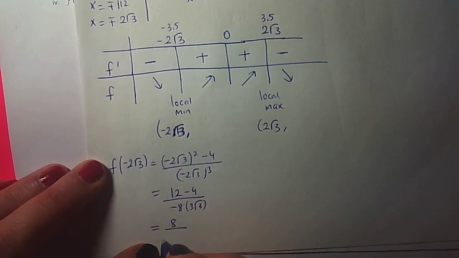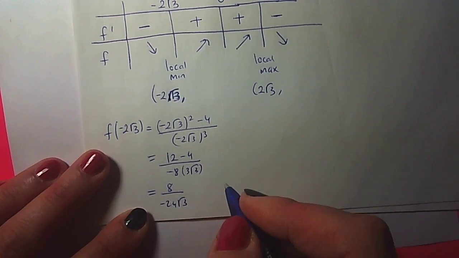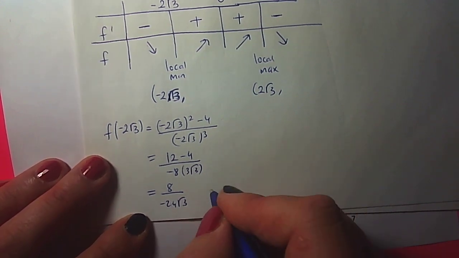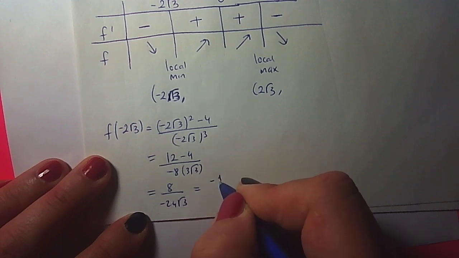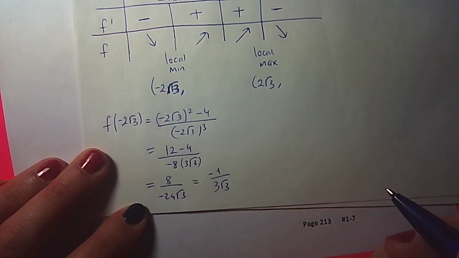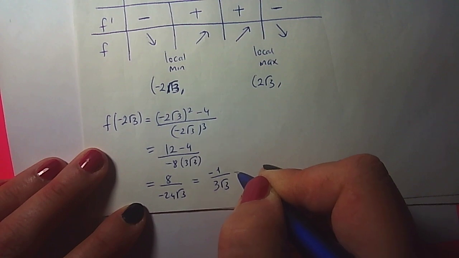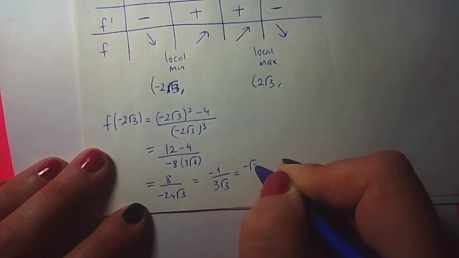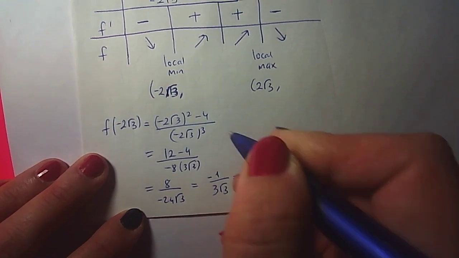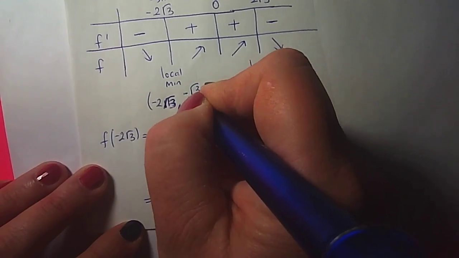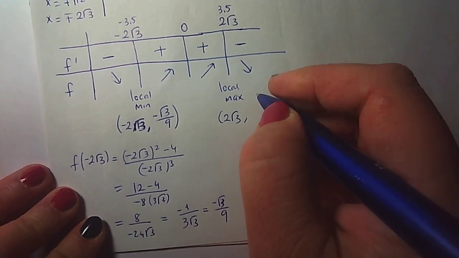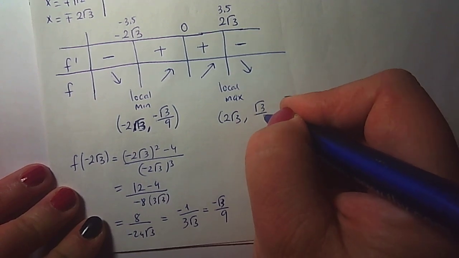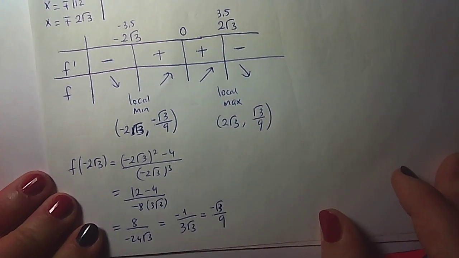So we have 8 over negative 24 root 3. So that gives you negative 1 over 3 root 3. Rationalize the denominator. You get negative root 3 over 9. And if you do the same thing for the other point, you get positive root 3 over 9 here.